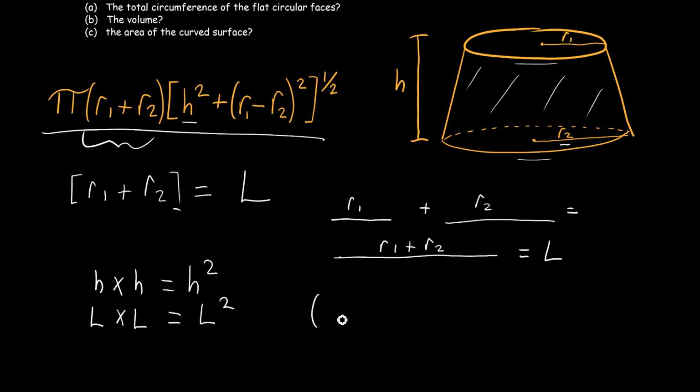And the same is true for this expression, where we got the radius of the top cone minus the radius of the bottom cone, all squared. So within the brackets, when we sum these two values, it results in a length. And then we square it. So we have a length squared.